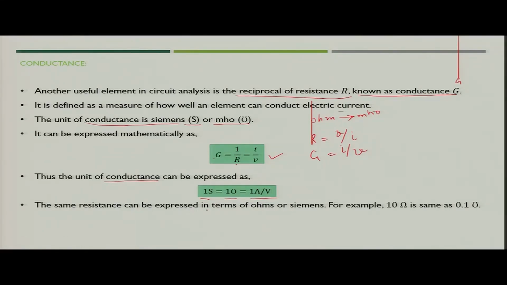Now, the same resistance can be expressed in terms of ohm or Siemens. That means, if one resistance has 10 ohm as a resistance, in the same way you can say that the element has 0.1 mho as a conductance.